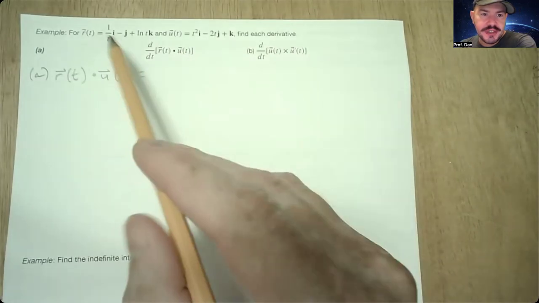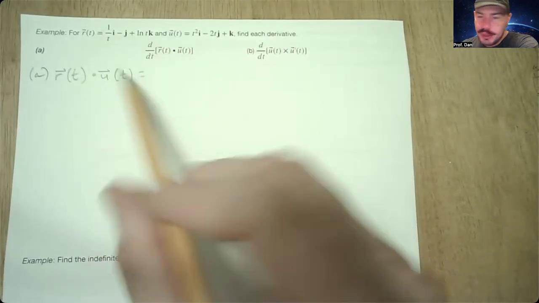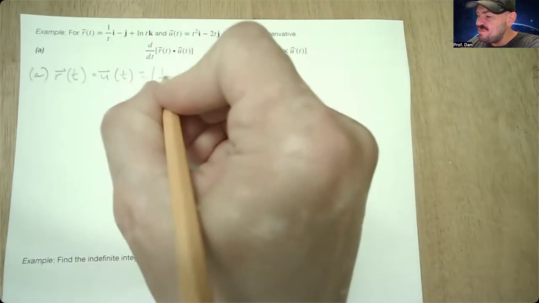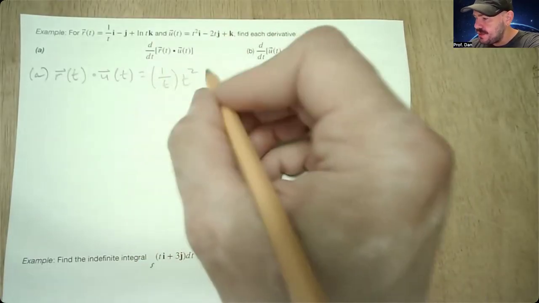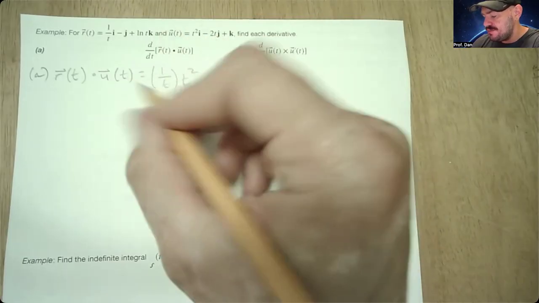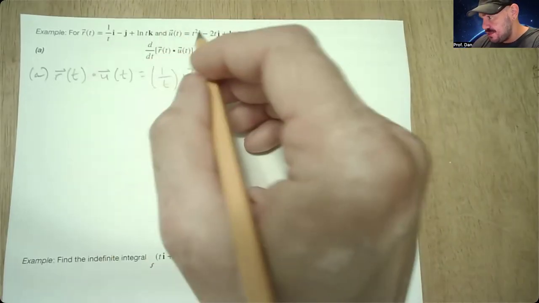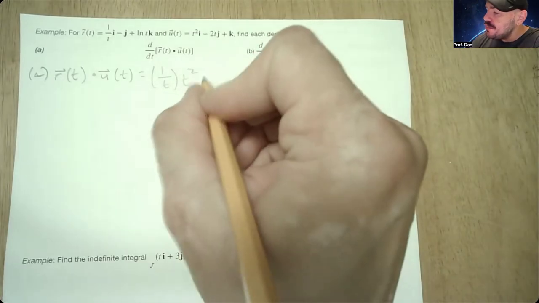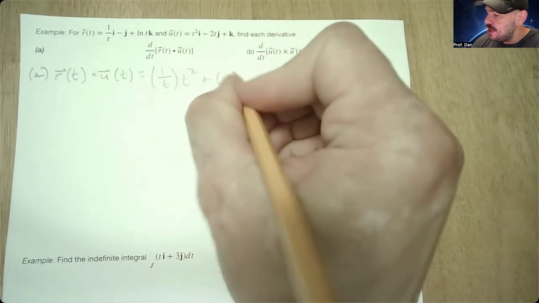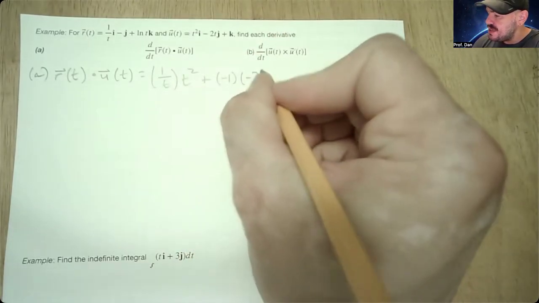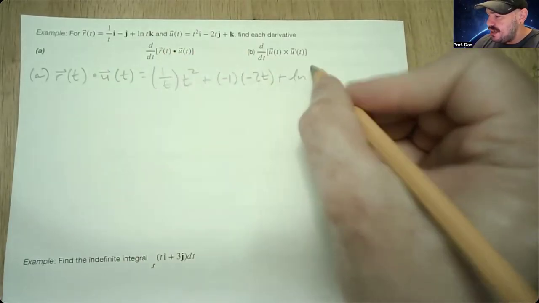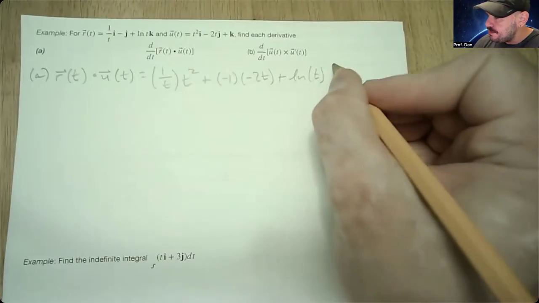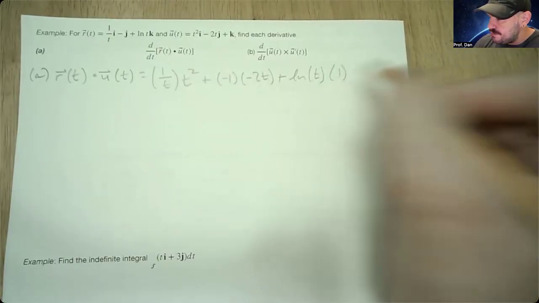Okay, we can multiply the components together. So if I take 1 over t multiplied by t squared, I get the result from the i component, plus negative 1 times negative 2t, plus natural log of t multiplied by 1.